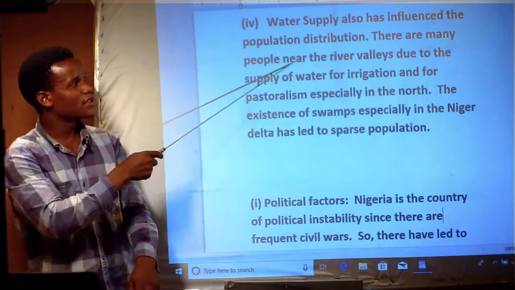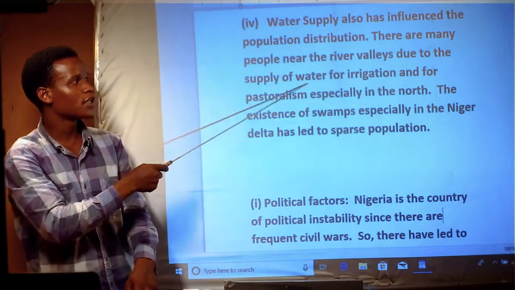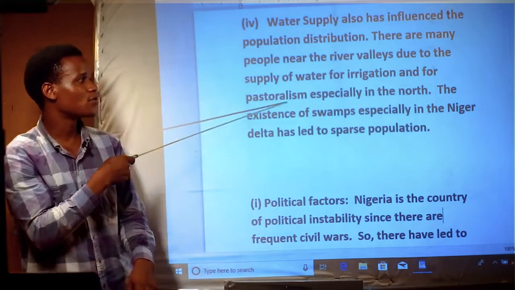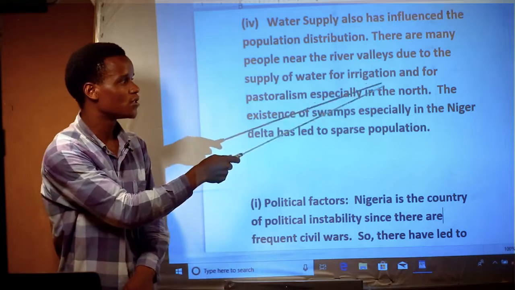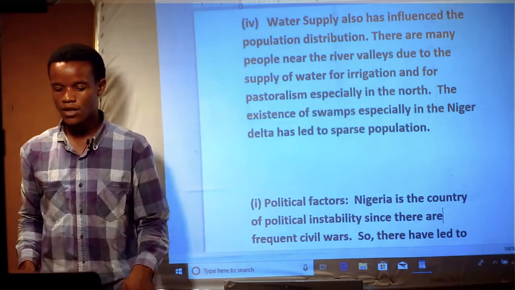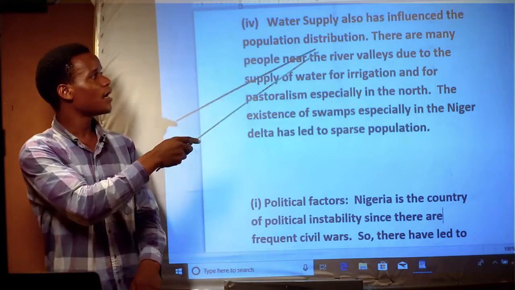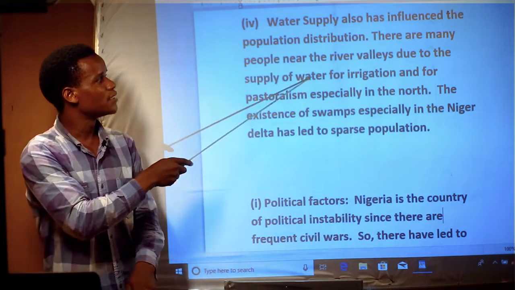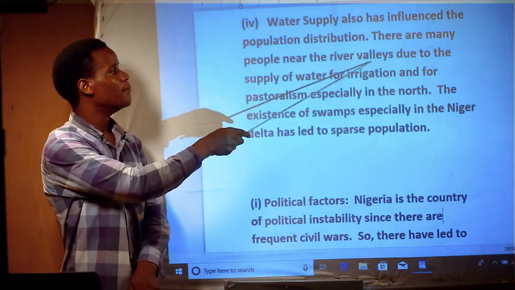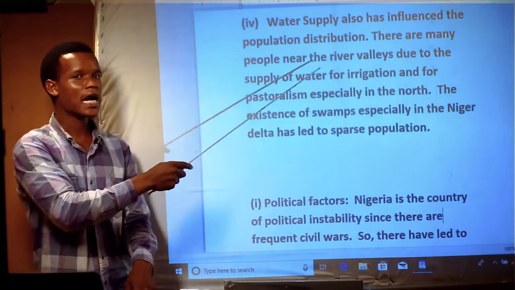There are many people near the river valleys due to the supply of water for irrigation and for pastoralism, especially in the north. As we look at the country of Nigeria, in the northern side the population is high since many people engage in agriculture.